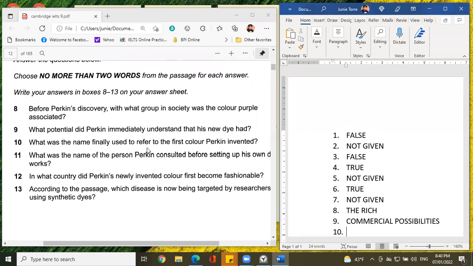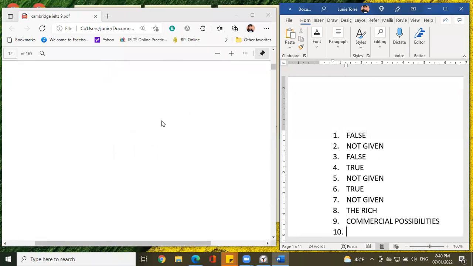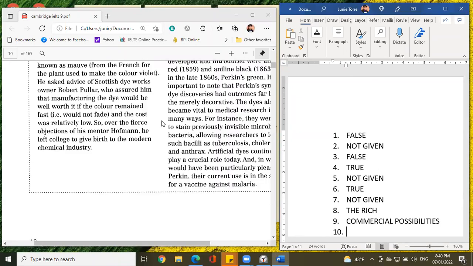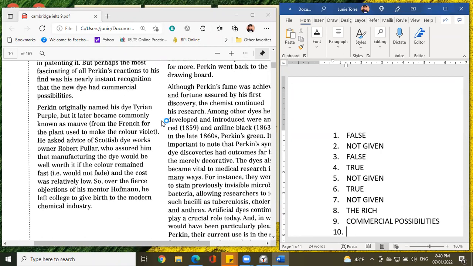What was the name finally used to refer to the first color Perkin invented? The name. Tyrian purple. It later became commonly known as mauve from the French for the plant used to make the color violet.